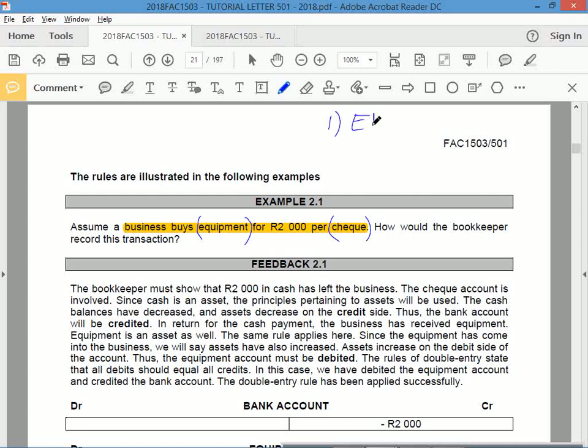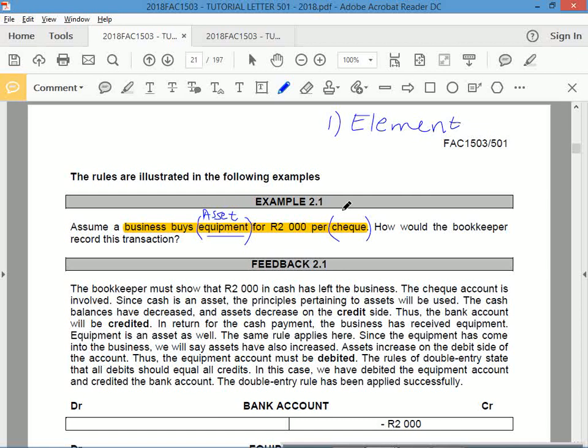Elements. Step number 1, give me the accounting element. So what elements do I have here? Okay, what is an asset? Equipment is an asset. Good. Let's write asset there. Okay. What else?